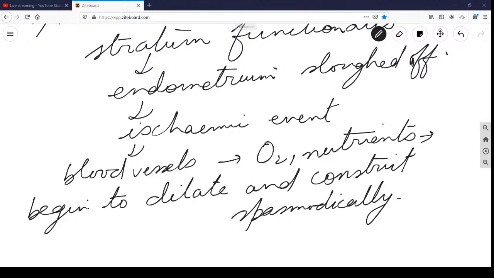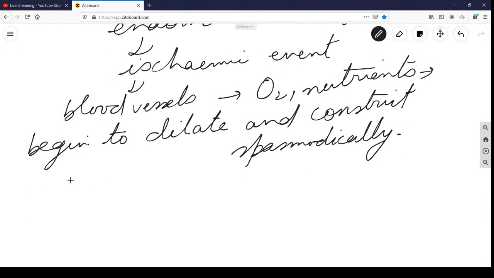Most women lose 10 to 80 ml of fluid during menstruation. Loss of more than 80 ml is considered a very heavy menstrual flow, known as menorrhagia. So 10 to 80 ml, with 30 ml an average, of blood or fluid is lost.